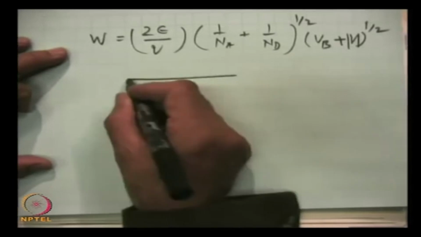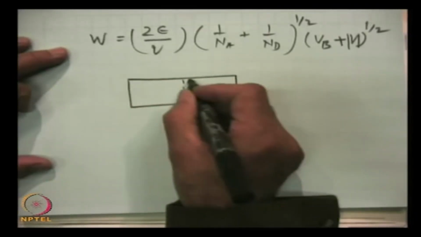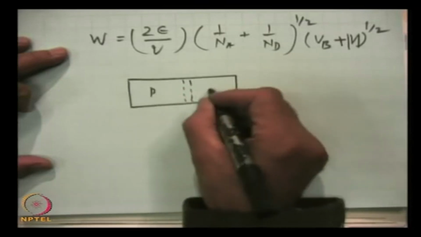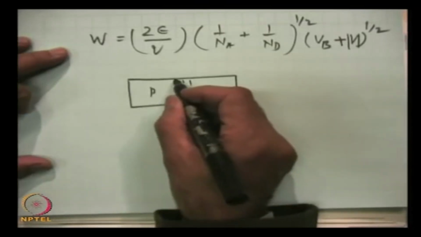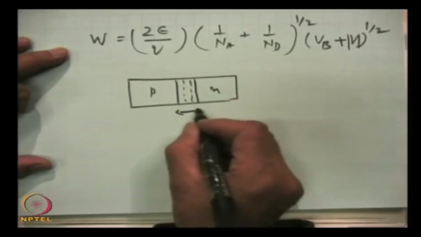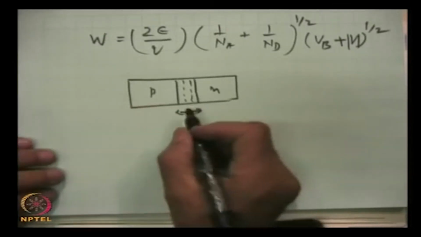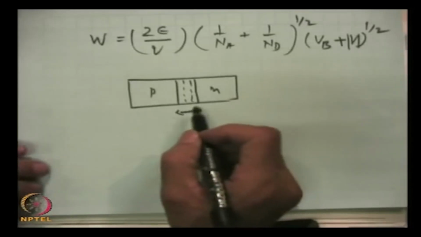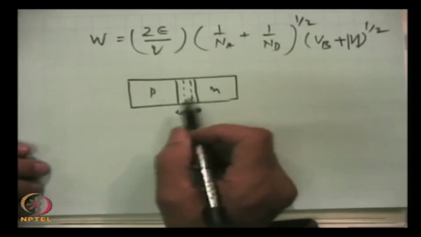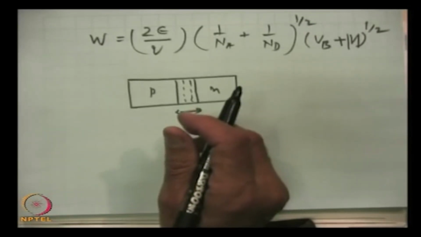So, if at certain voltage or under no voltage, this was the depletion width in the P and N regions, then this depletion width becomes larger as we apply the field. So, this we will remember, and we will see the implications of this.